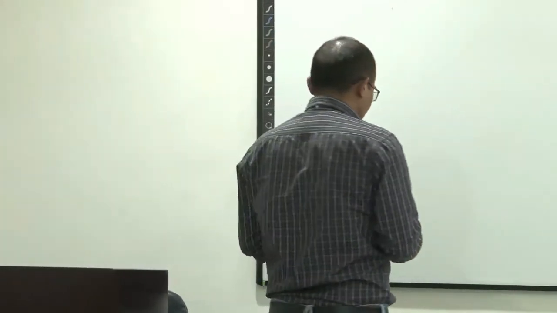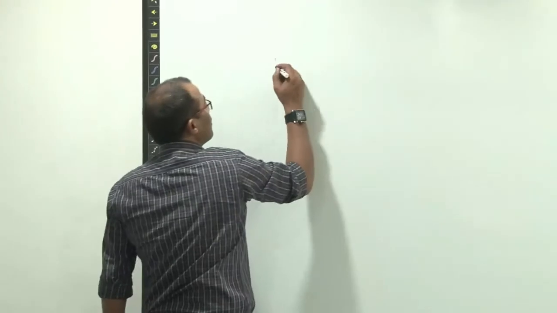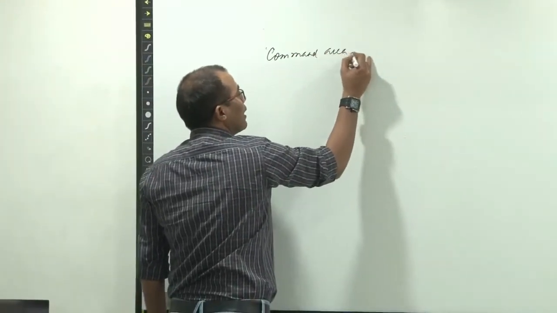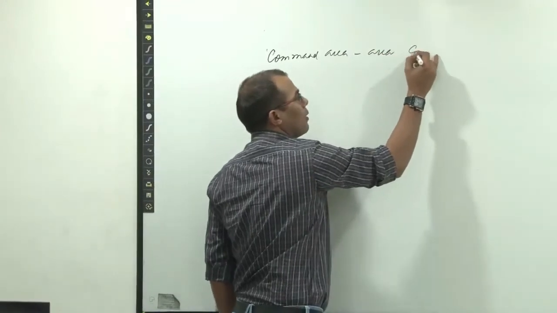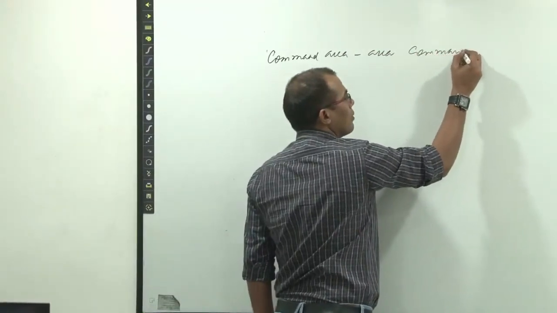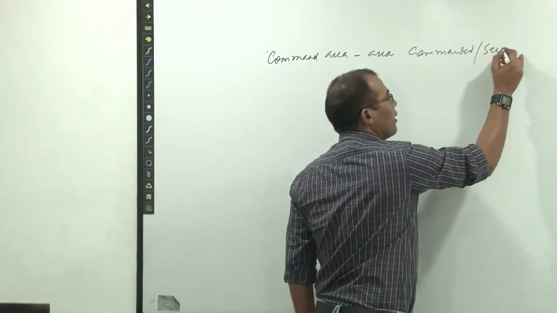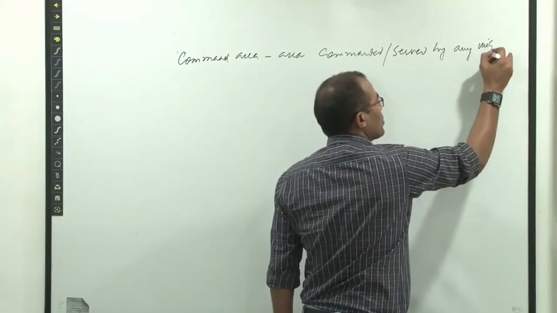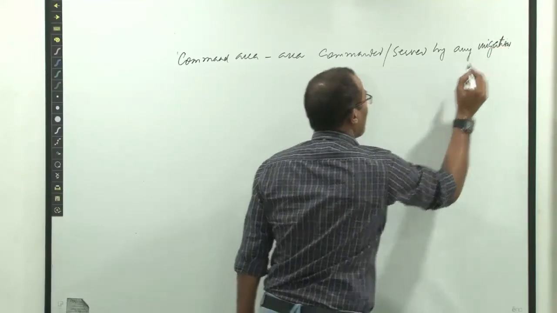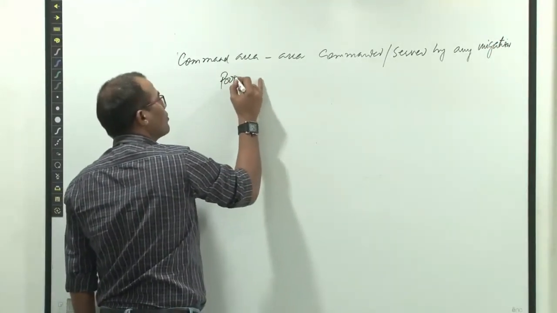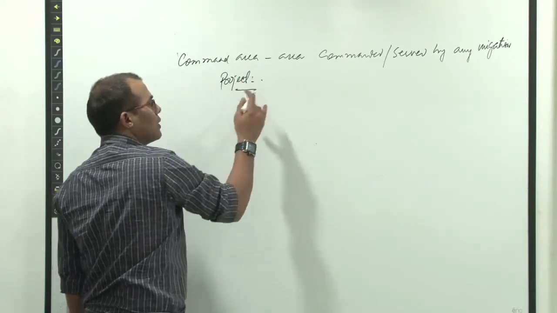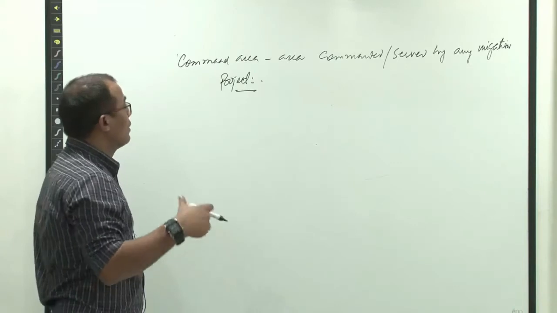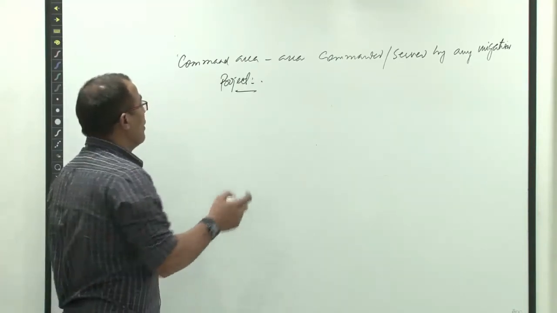Command area is the area commanded by or served by any irrigation project. That's why we have the command area development program. It's one of the important planning units.